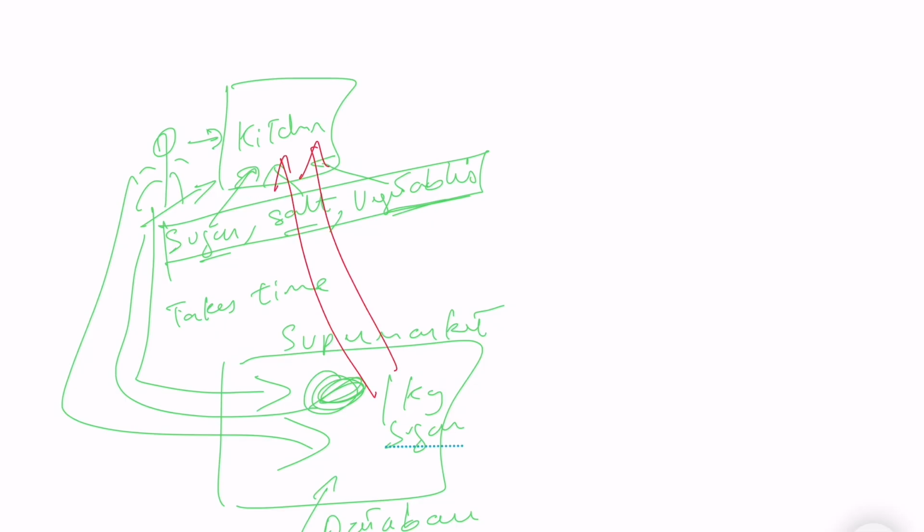You are caching it so that if you want to prepare something in your kitchen, then these ingredients are already available to you in the kitchen directly at a high speed where you can actually cook them. So that is the concept of caching. Okay, this is the analogy I wanted to give you.